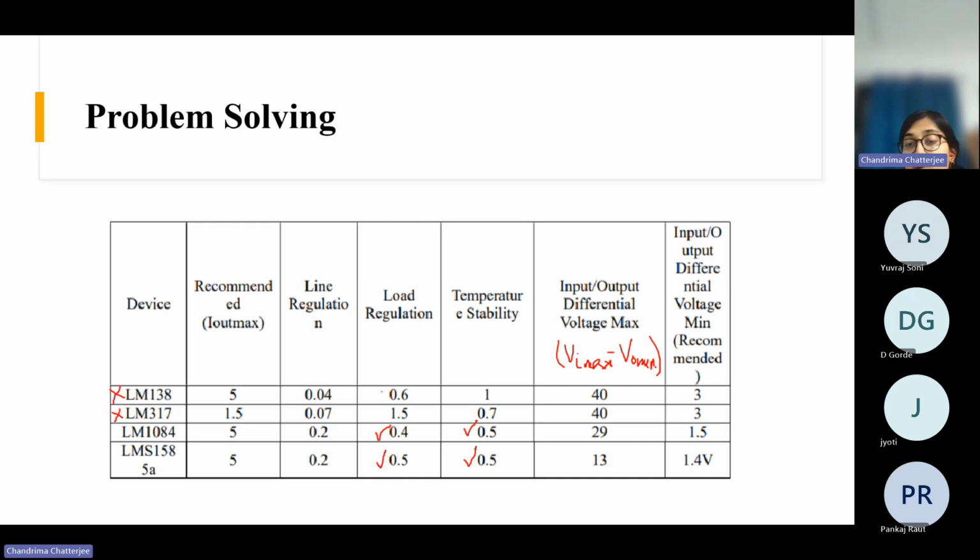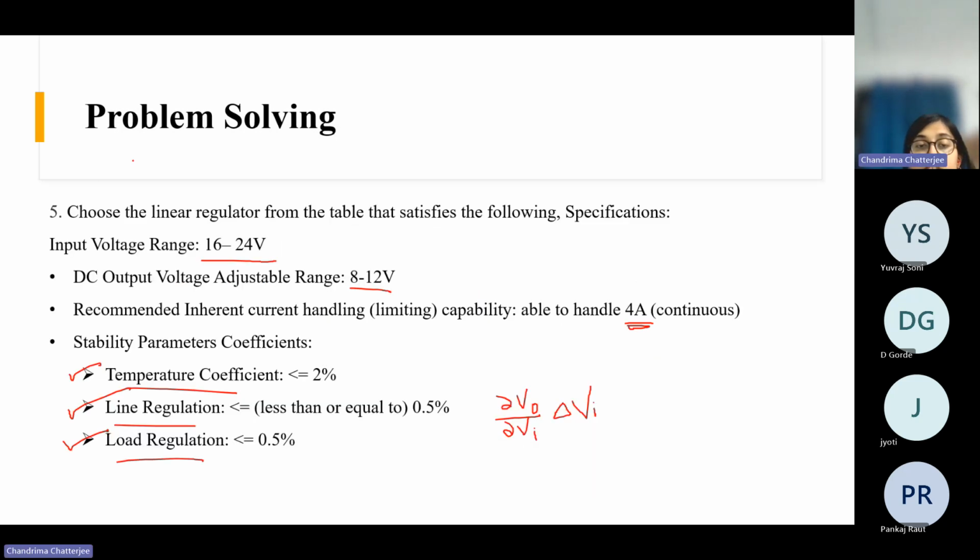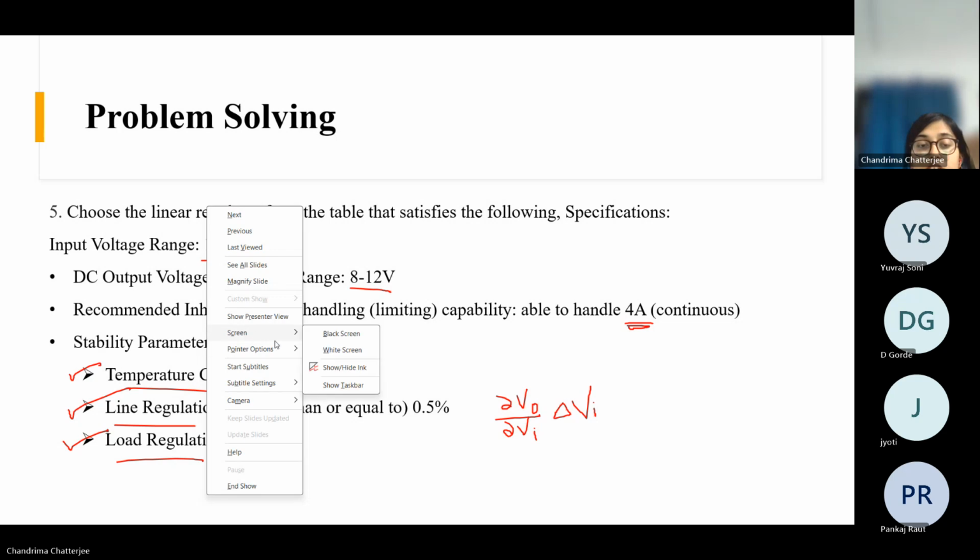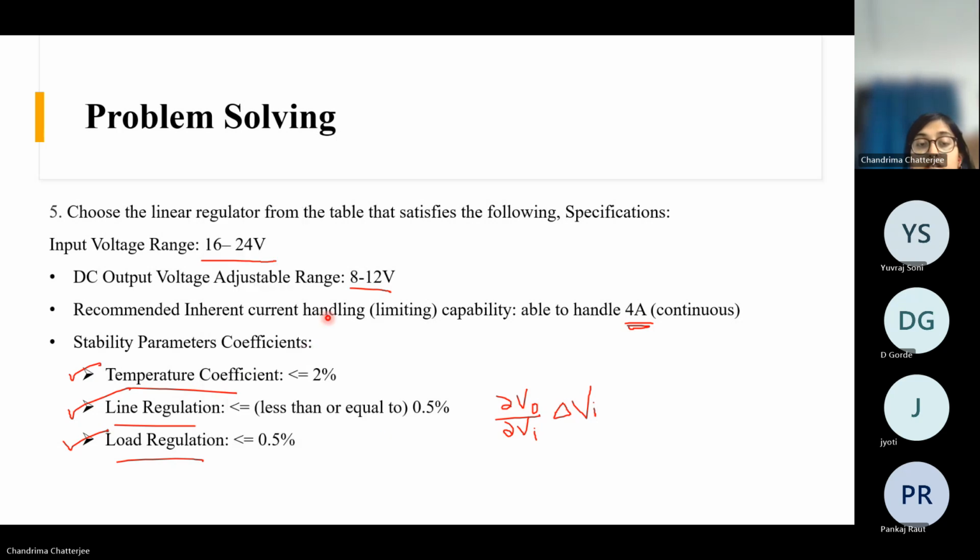If you see in the problem, some range is given for input voltage and some range is given for output voltage, right? So 8 to 12, and this is 16 to 24. So the maximum input voltage is 24 and the minimum output voltage is 8, right?